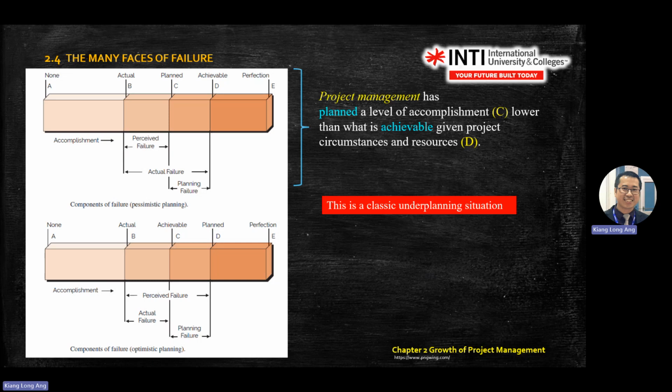You see this one? Your plan is below achievable, given project circumstances and resources, your D. So actual accomplishment B, however, is less than planned. So your B is less than what you plan.